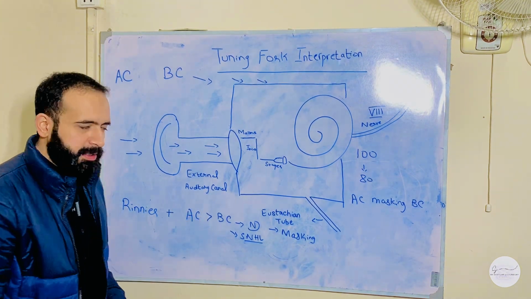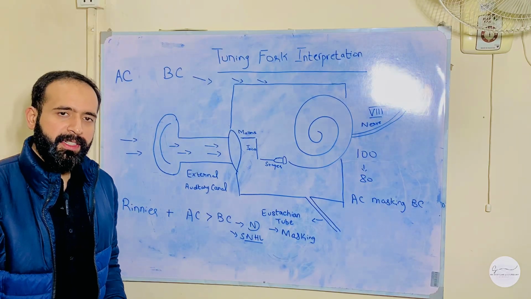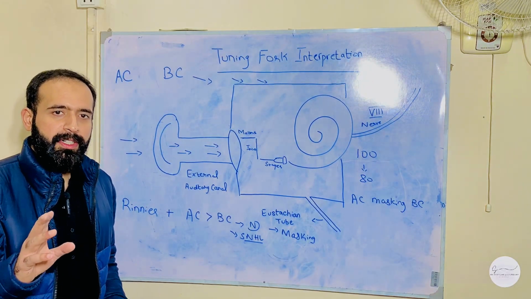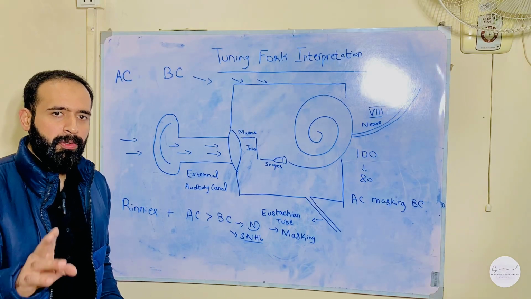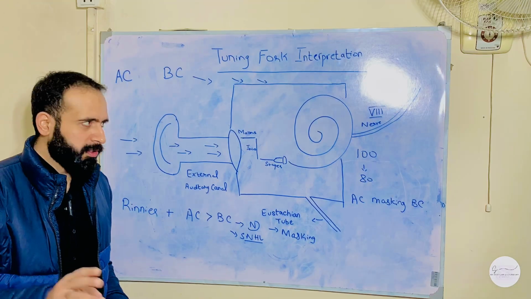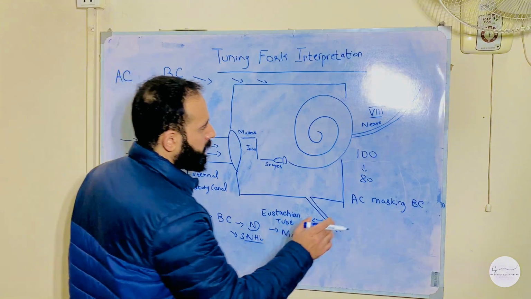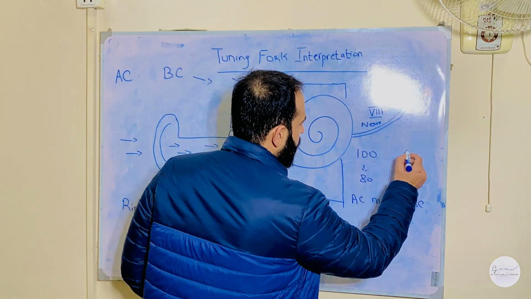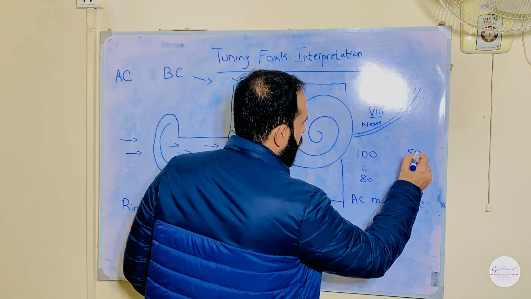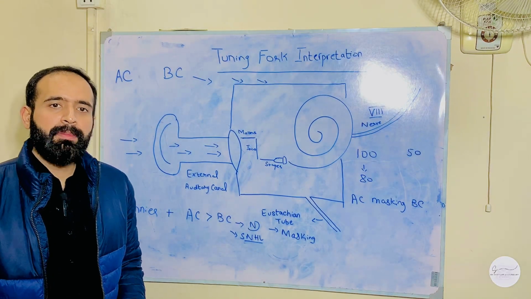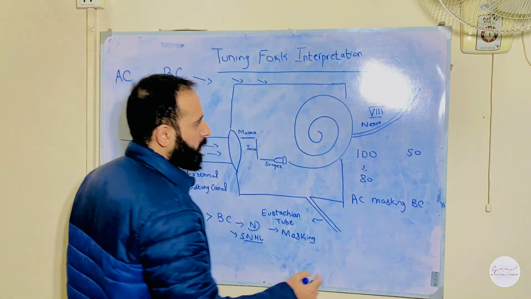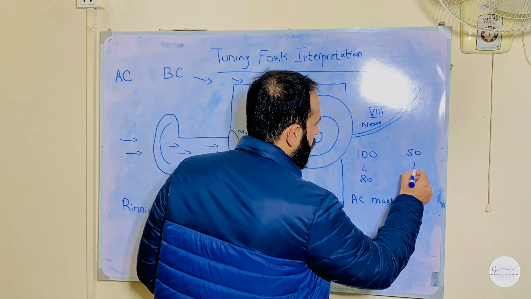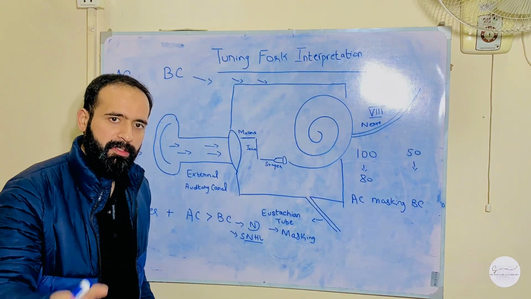Now let's take the second scenario. Let's consider that the patient is having cochlear damage. Again, whenever there is cochlear damage, the patient is bound to have sensorineural hearing loss. So let's say the number of receptors rather than 100 have come down to 50, which indicates cochlear damage or sensorineural damage. Again, most of these receptors are going to be occupied by the sounds which are coming in through the air conductive pathway.